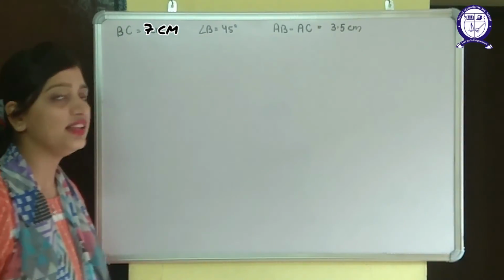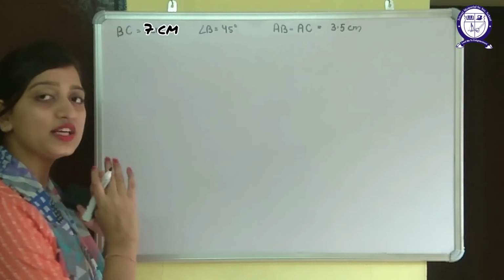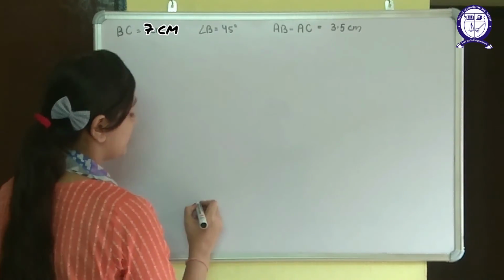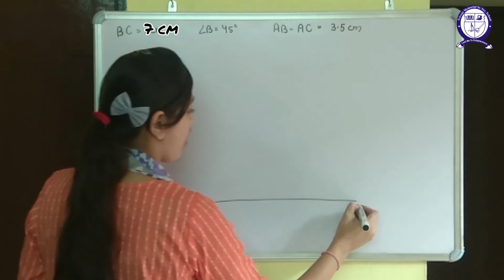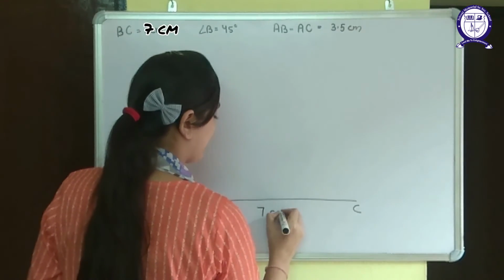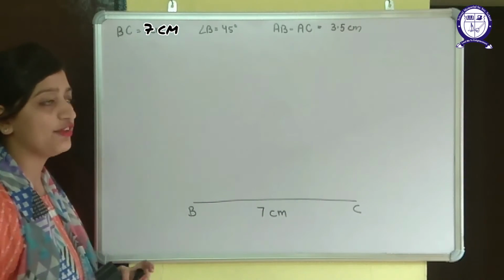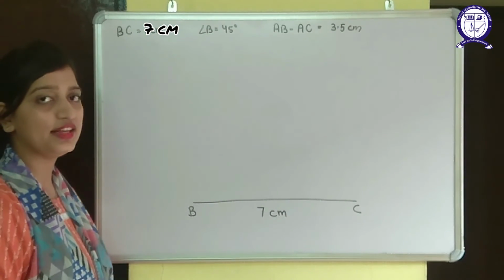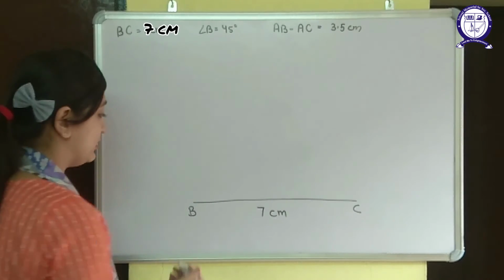It is exactly the same as the addition one. We are going to do the same steps. The first one is to draw BC of 7 centimeter. Then make an angle of 45 degrees. How to make an angle of 45 degrees? We have done this in the previous video. 45 is half of 90.